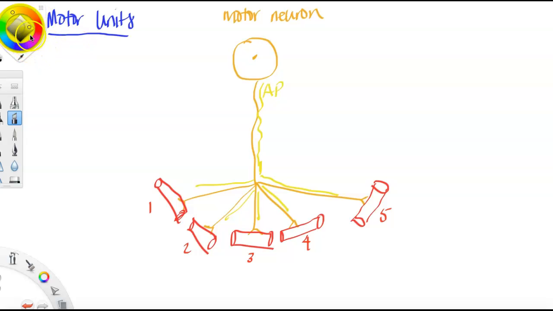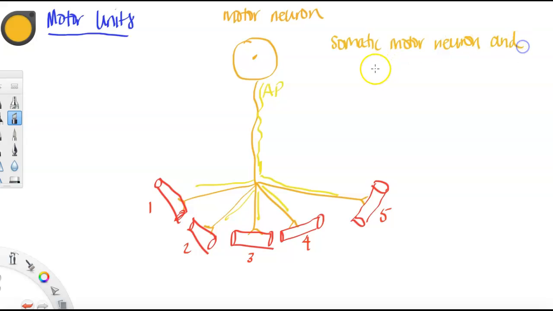So basically, a motor unit is a somatic motor neuron and all the myofibers it innervates. So all the muscle cells that it innervates.